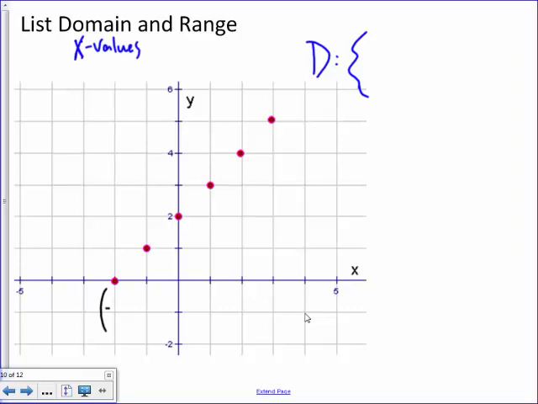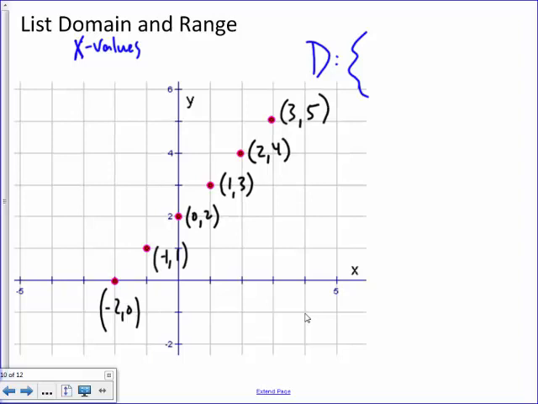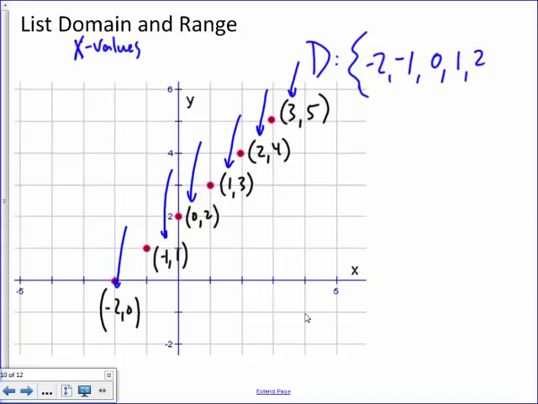So the points are negative 2, 0; negative 1, 1; 0, 2; 1, 3; 2, 4; 3, 5. So if I'm going to list my domains, that's my x values: negative 2, negative 1, 0, 1, 2, and 3. Those are all my x values.